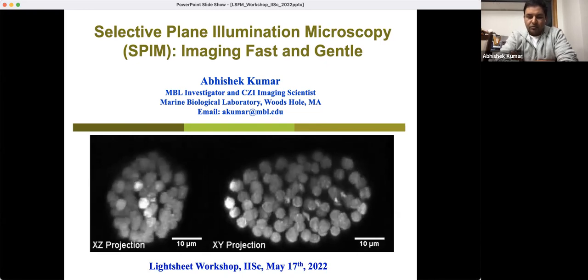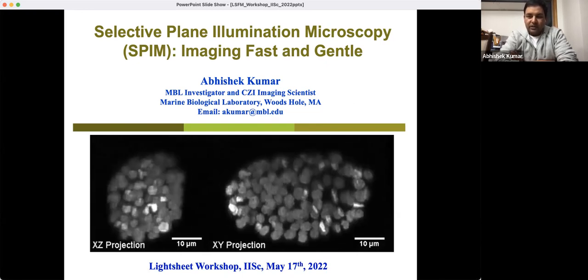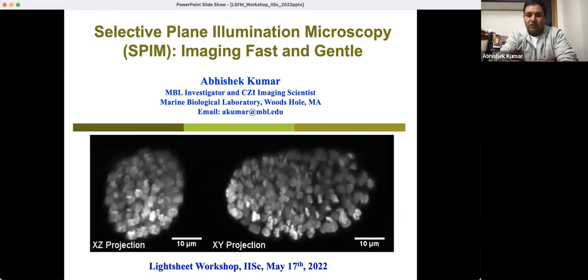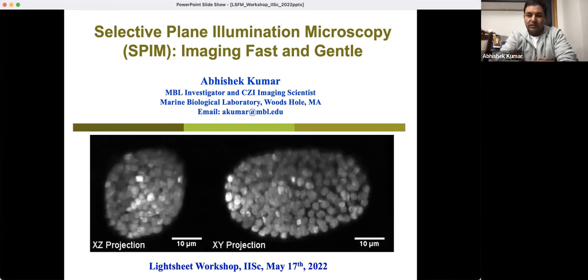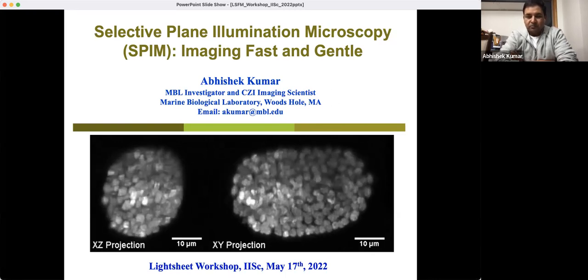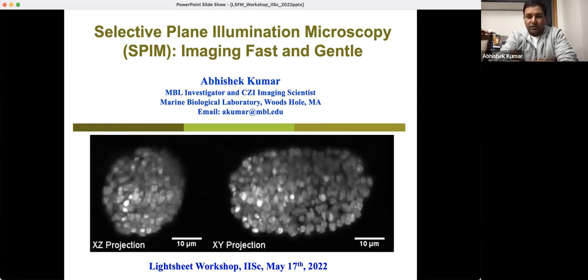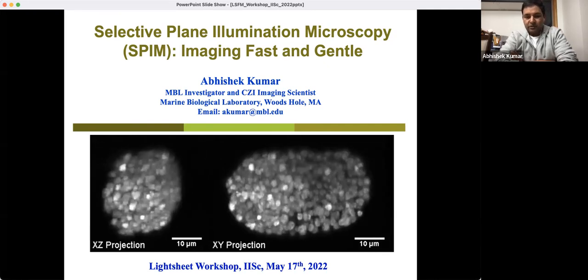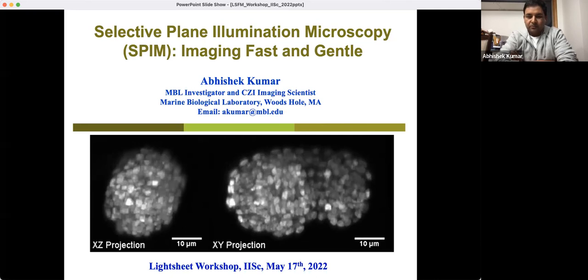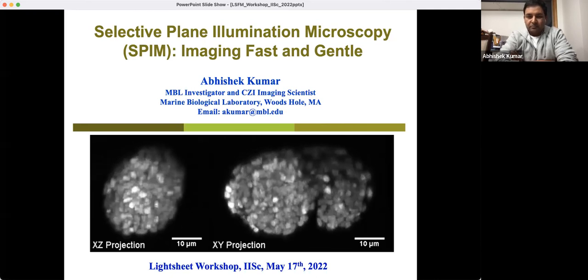The overall goal is that at the end of this workshop, you would be in a position to dissect any light sheet system and figure out which one is more suited for your particular application, whether you are doing biology or material science or optics.